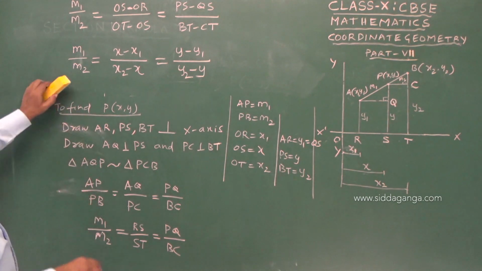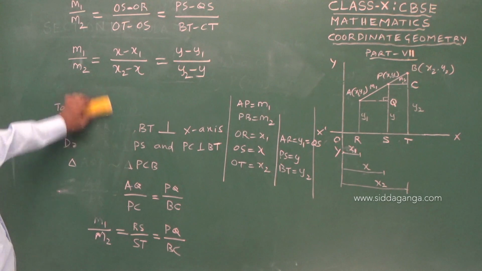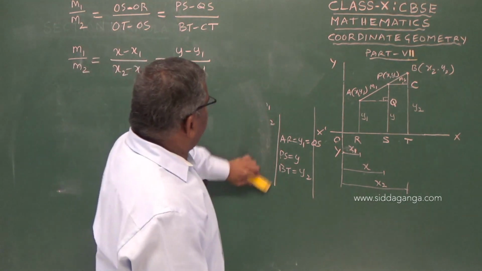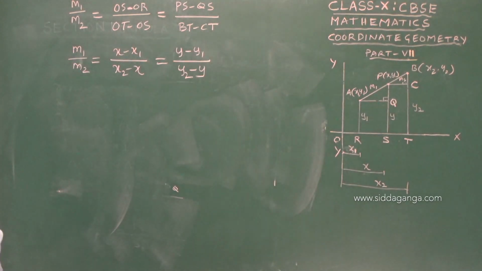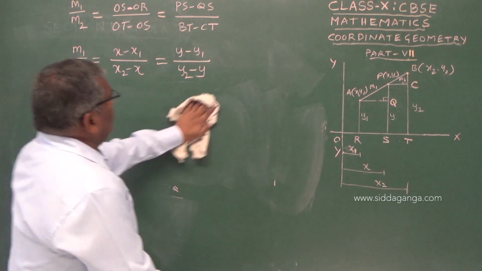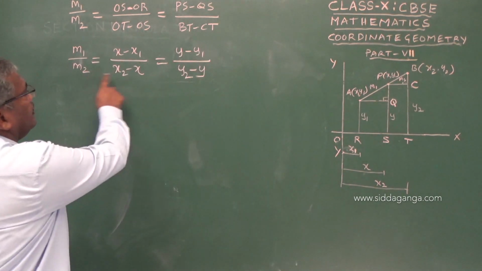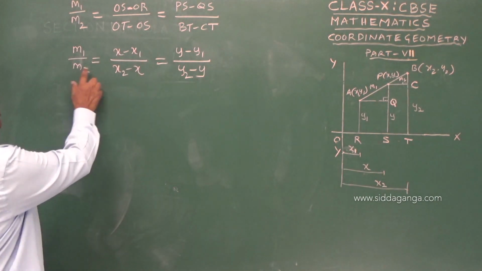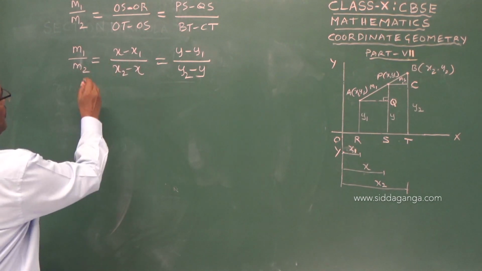Now it is inevitable for me to erase this. Now only simplification is remaining. Now in this we have three quantities: M1 by M2 equals this. First I will take up the first two.